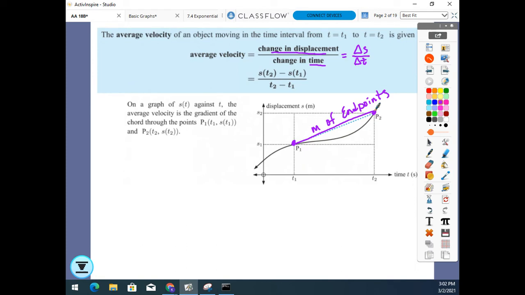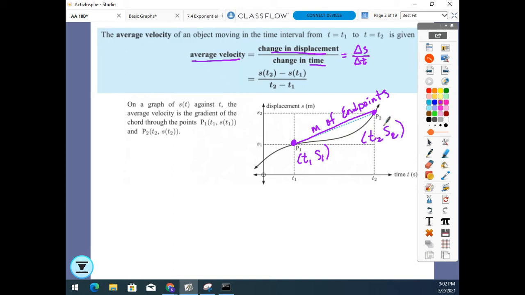So the first thing you're going to do when you find average velocity, if you're doing an equation, you find the endpoint for point 1, the endpoint for point 2, and whatever those coordinate points are. So your T1 and your S1, this is T2, S2.